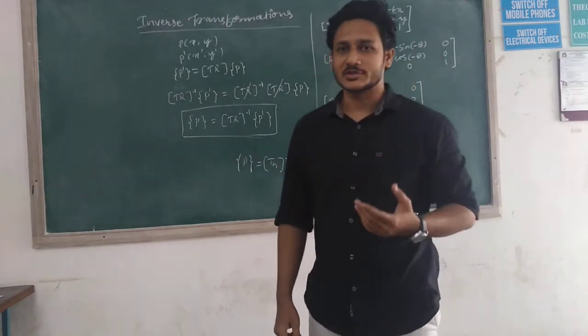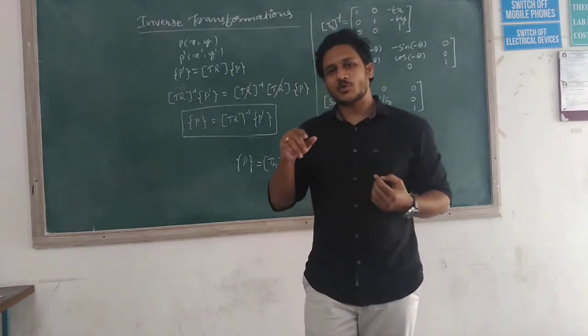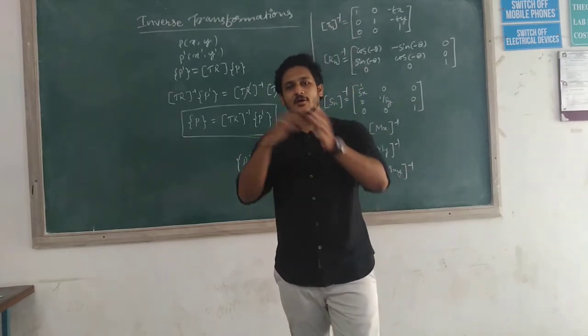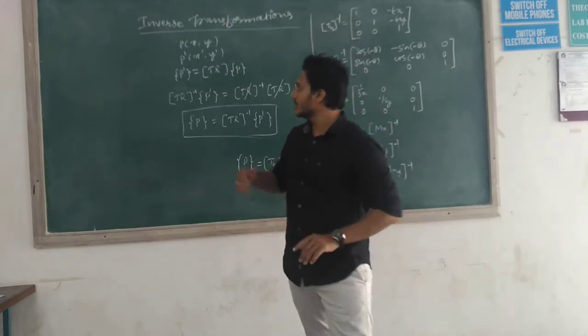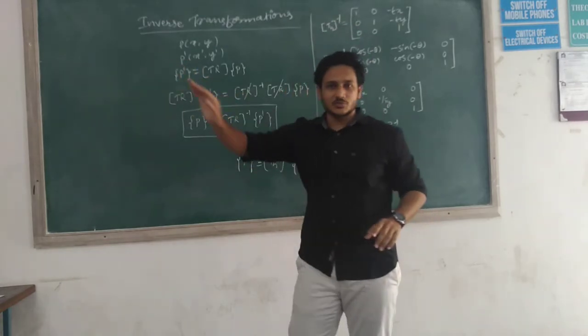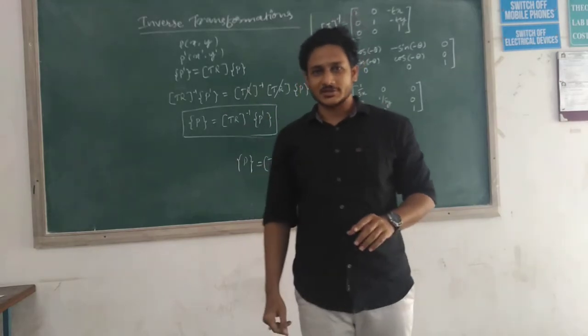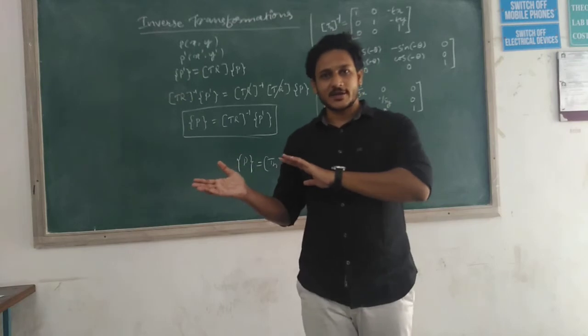Inverse transformation. If I have a point P with coordinate points x, y, and it is translated, rotated, reflected or scaled, we are going to have the transformed point P dash with coordinate points x dash and y dash, whatever the transformation is.